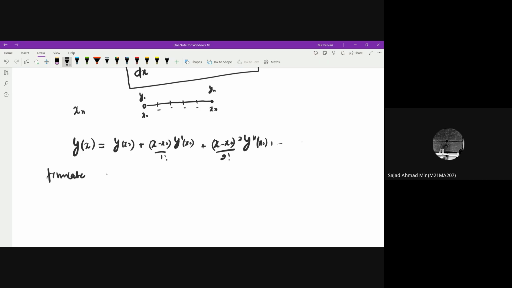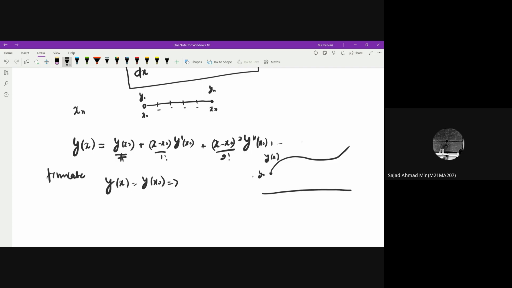Let's say if we retain just the first term, our y will be just y of x0, which is just a constant number. You were having some solution to your original problem, this was the original y of x, and you know the value that this is y0.